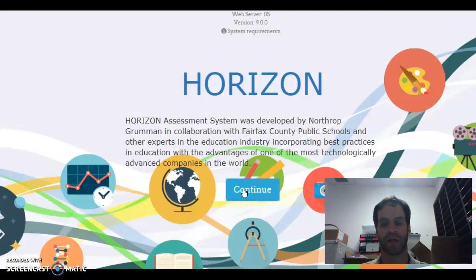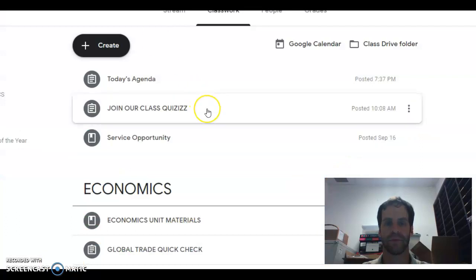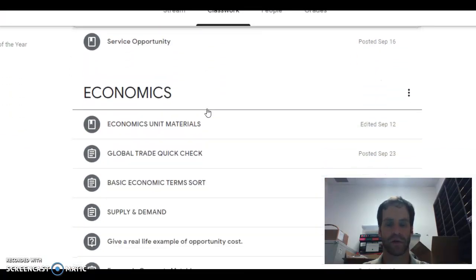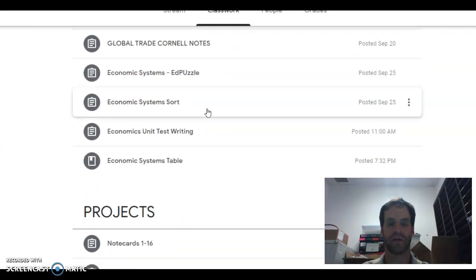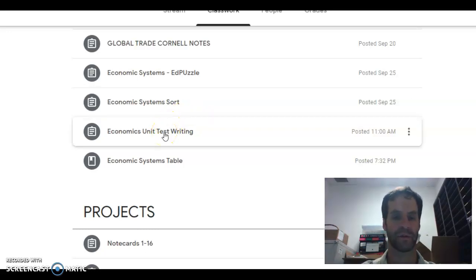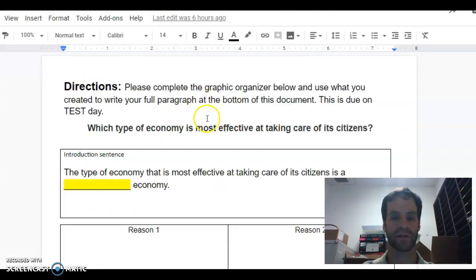I want you to take your time. I want you to use your notes. I want to see your very best work. So if you are ready to do your writing, you go down in the economics section all the way to the second to last item, the penultimate item is the economics unit test writing, and it's the same for all classes.